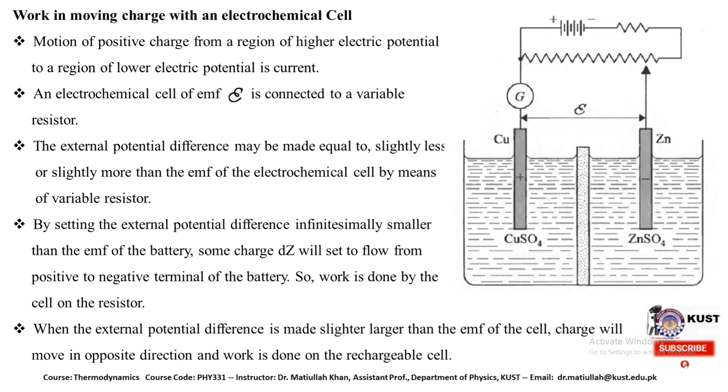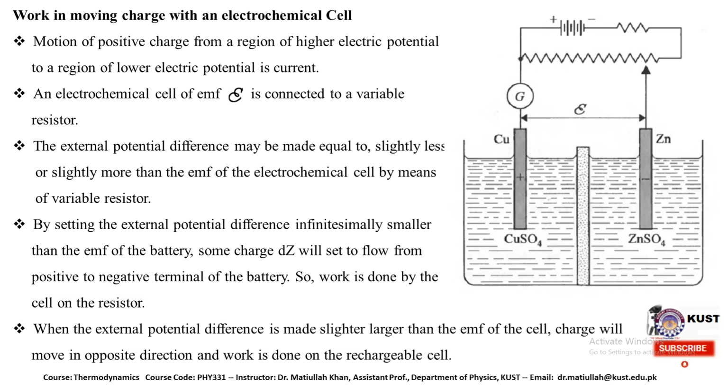So by setting the external potential difference infinitesimally smaller than the EMF of the battery, what happens? Some charge dq will flow from the positive to the negative terminal of the battery. As a result of this motion of charge, work will be done. The work is again of two types.